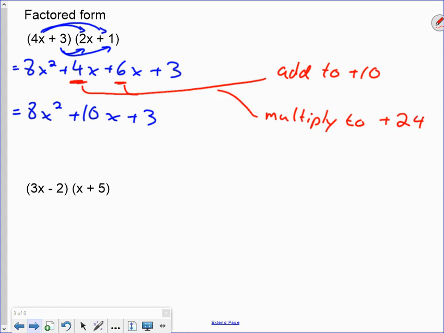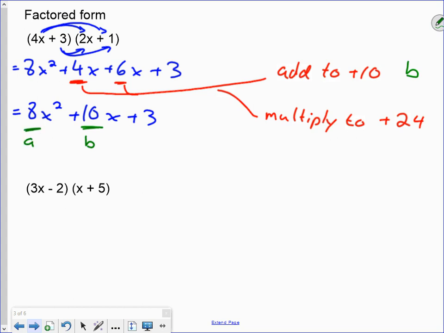Now, how are that positive 10 and that positive 24 connected to our trinomial? Well, we know that in our final form here, this is our b value. So the positive 10 is our b. So those two numbers add up to give us our value for b. What about this 24?